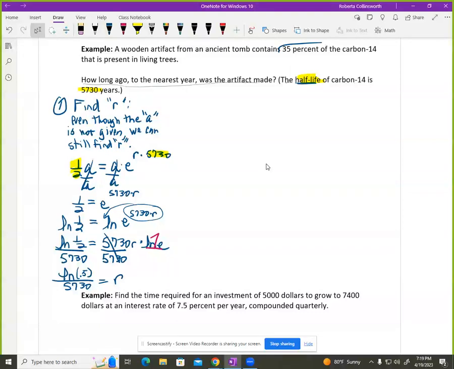I know that I have 35% that is left of A. I still do not know what A is. So instead of half-life, this was a half, and I could have written this as 0.5 right here.